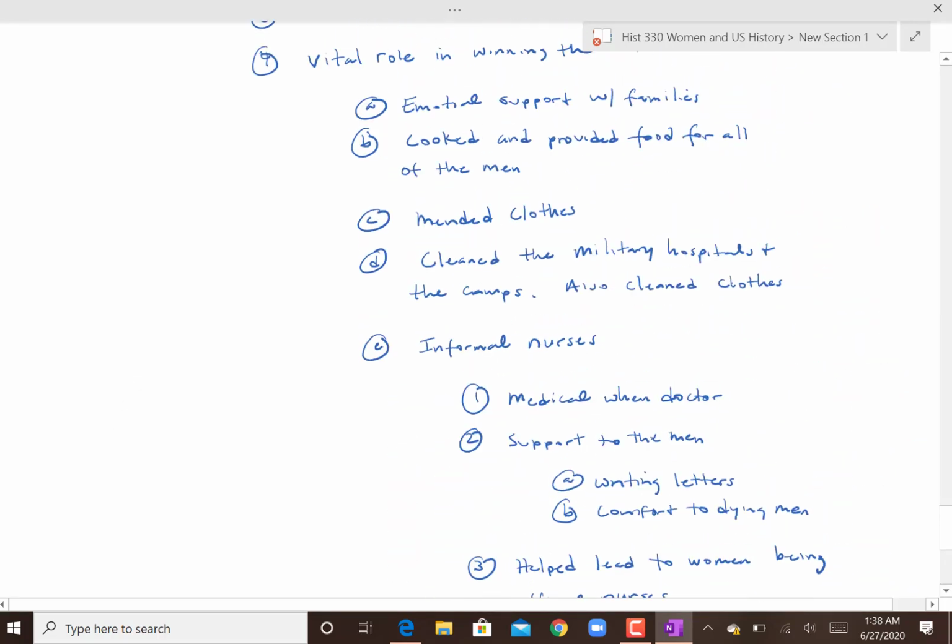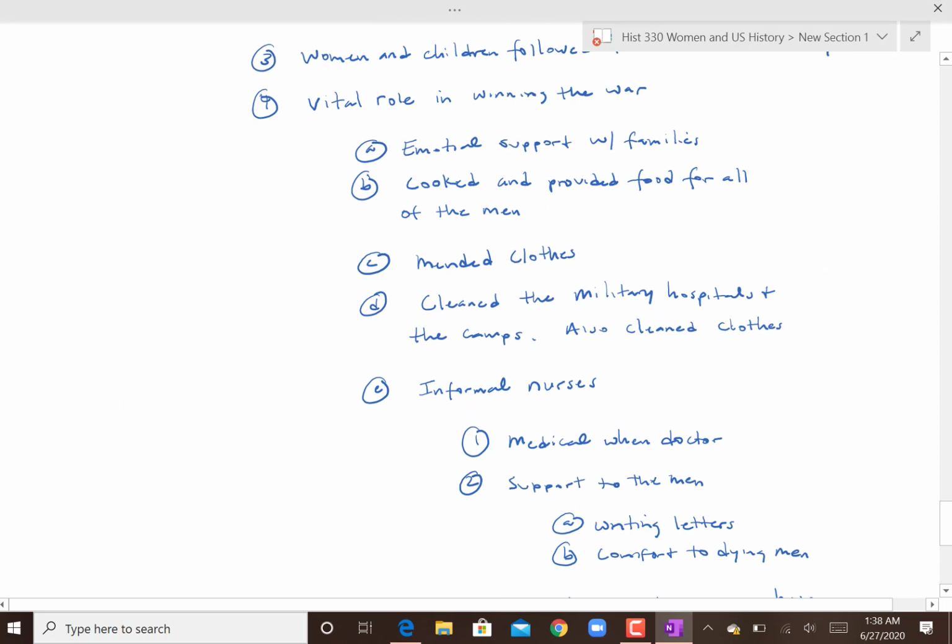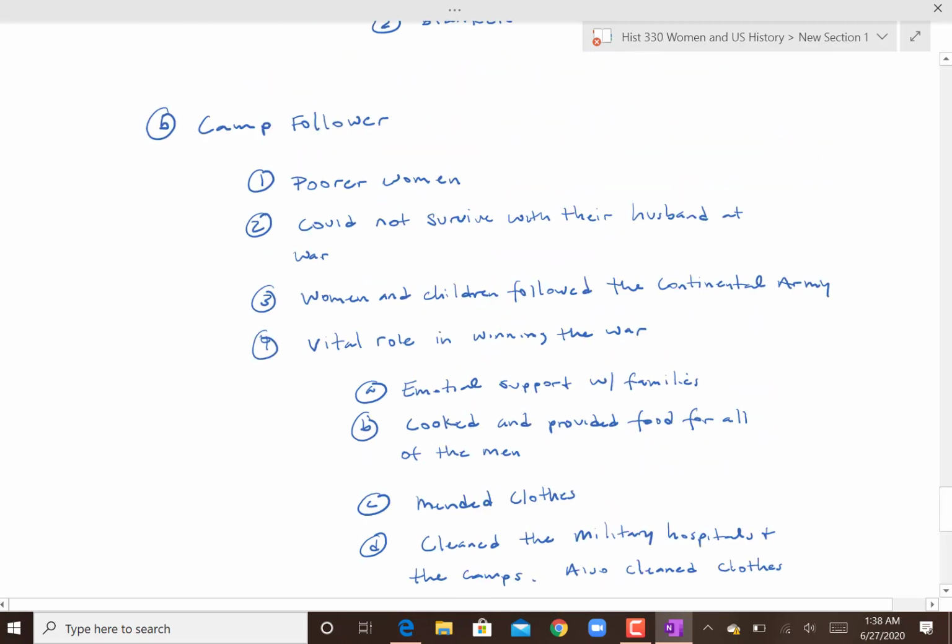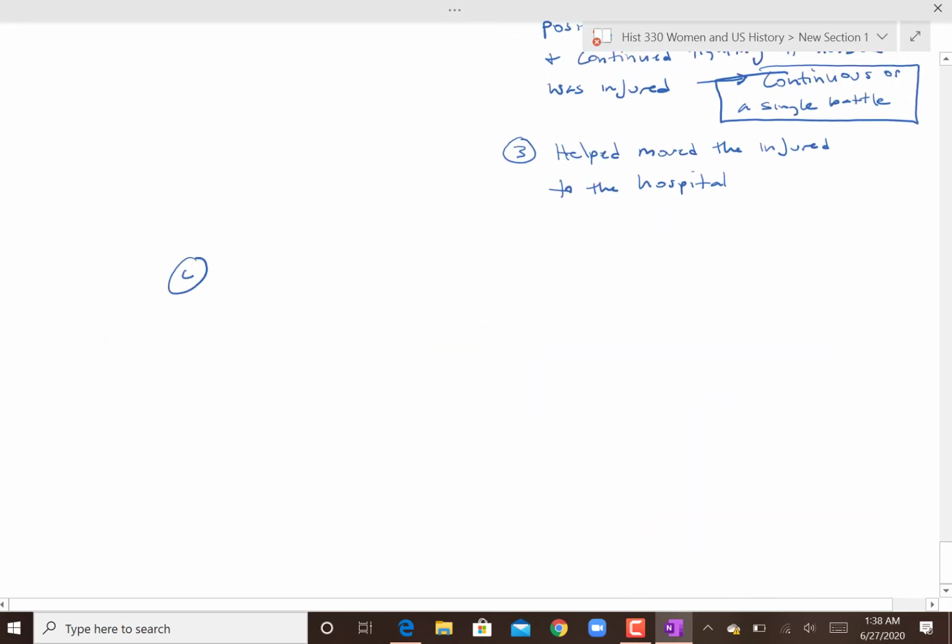They're helpful, but all these other ways were the vital roles, basically the supply chain of the military that is needed, that the military didn't provide, and again would not have been successful if they had not helped out.